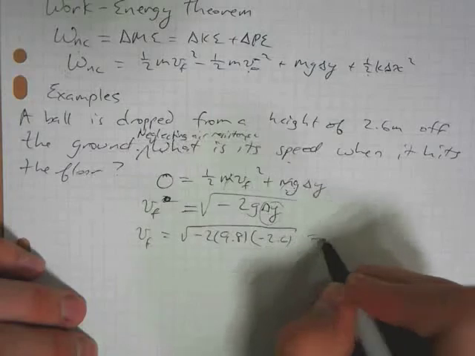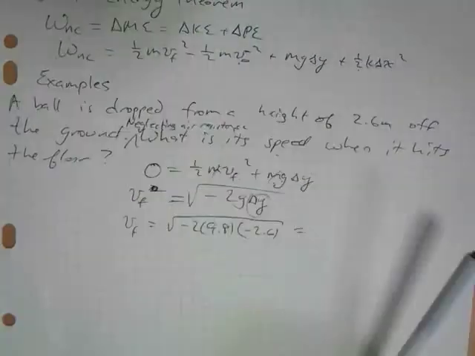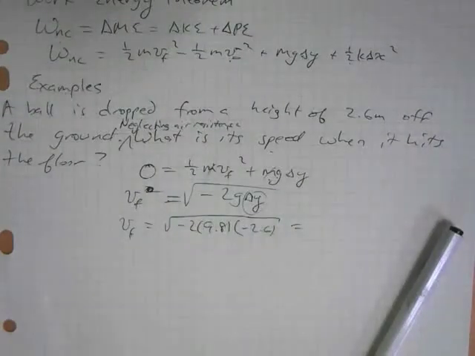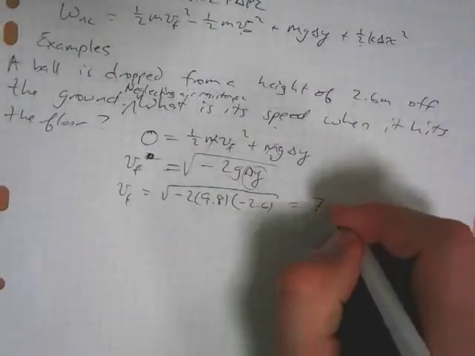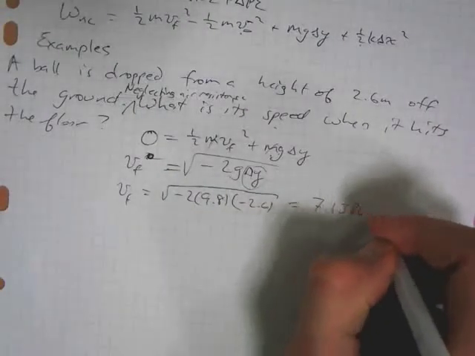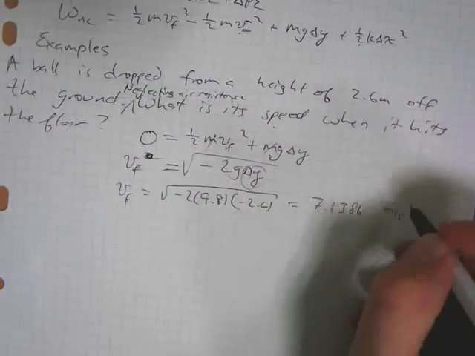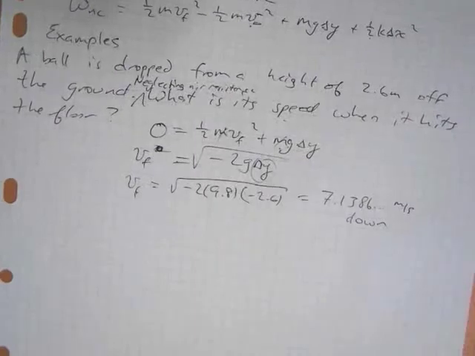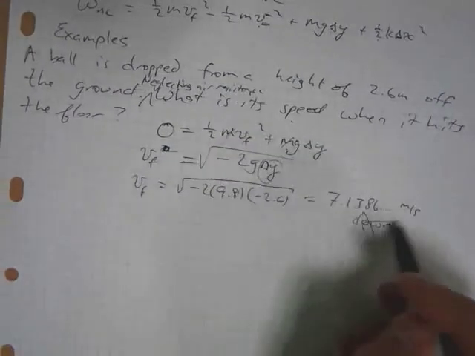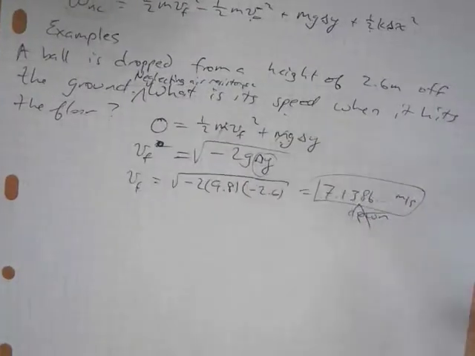That takes care of that, and we get v final of 7.1386 meters per second in the downward direction. But I just asked for speed, so we only care about the magnitude.